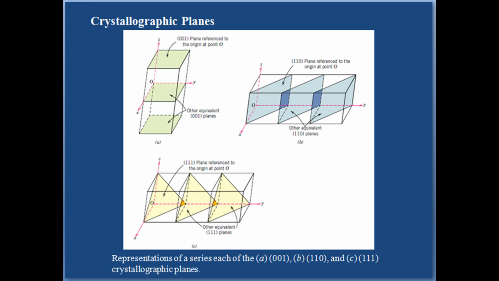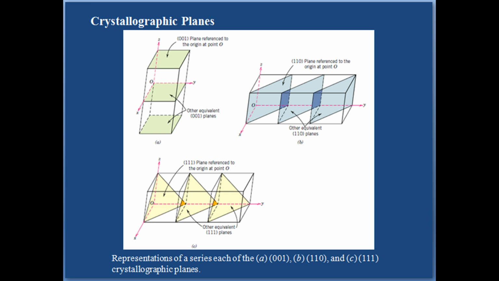The second step is, at this point the crystallographic plane either intersects or parallels each of the three axes. The length of the planar intercept for each axis is determined in terms of the lattice parameters a, b and c. This is our second step. The third step is the reciprocals of these numbers are taken.